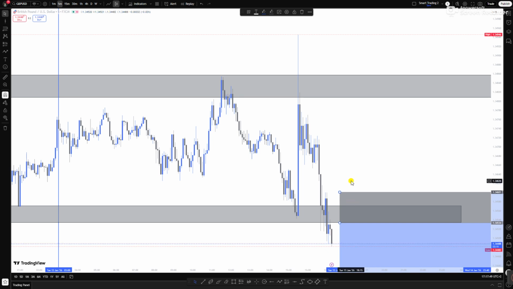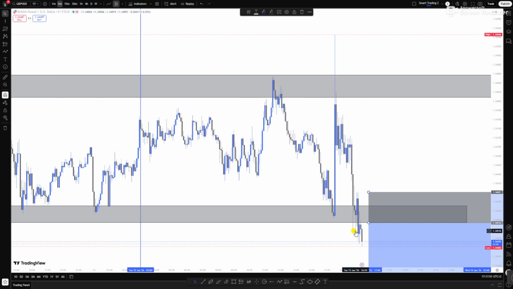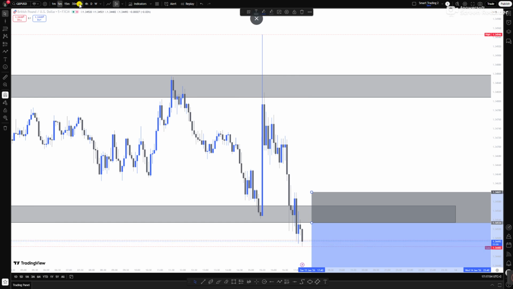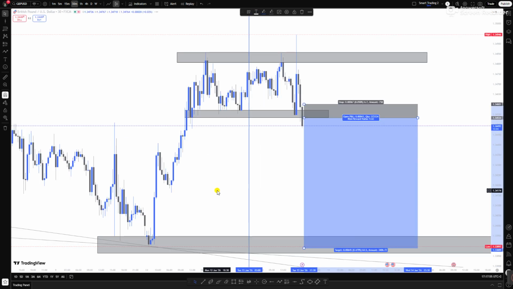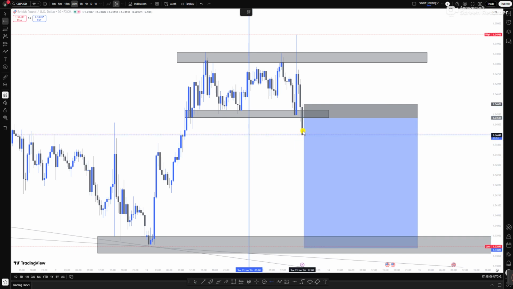So if it happens that it has already retested, we'll say our pending orders will be somewhere right where it is. Our pending order, our sell stop, will be here, so our sell stop will already be triggered.